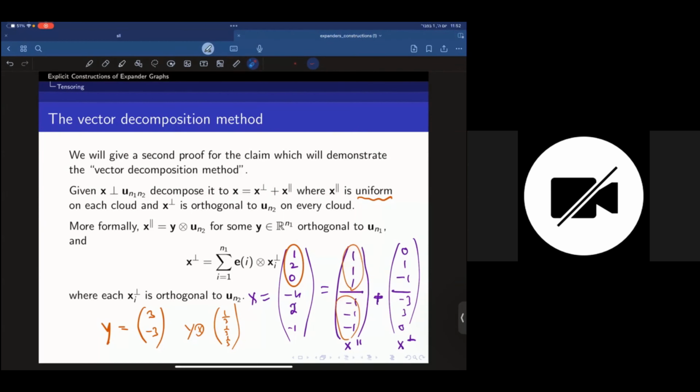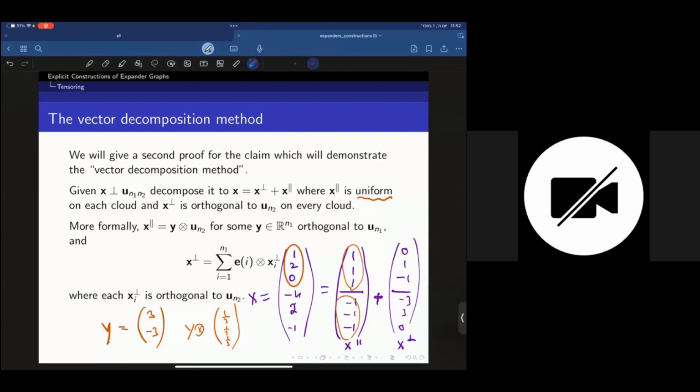The sum of these 6 elements is 0, but it's the same as saying the sum of these 2 is 0, because they're just duplicated. These entries, up to a normalization which doesn't affect being orthogonal, are y. Y is exactly these entries times 3. So it's also orthogonal.